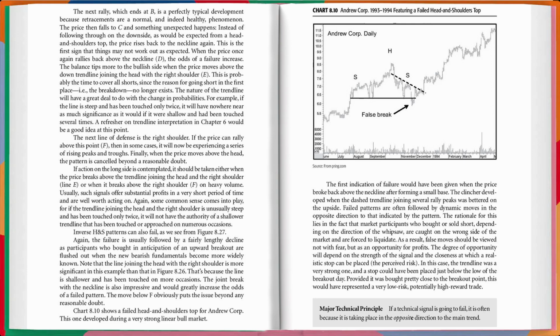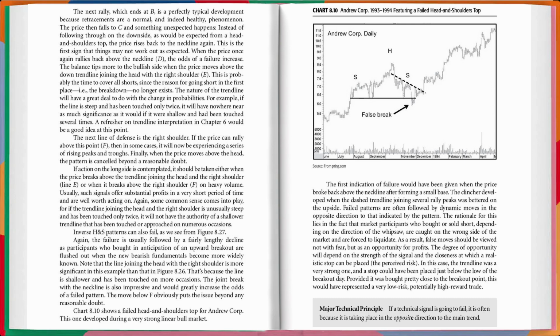Usually, such signals offer substantial profits in a very short period of time and are well worth acting on. Again, some common sense comes into play, for if the trend line joining the head and the right shoulder is unusually steep and has been touched only twice, it will not have the authority of a shallower trend line that has been touched or approached on numerous occasions.